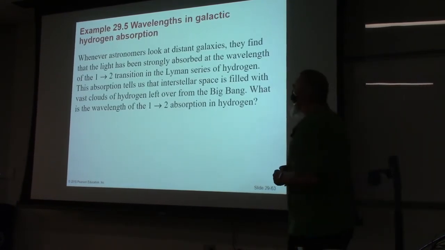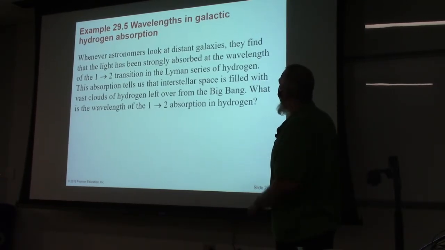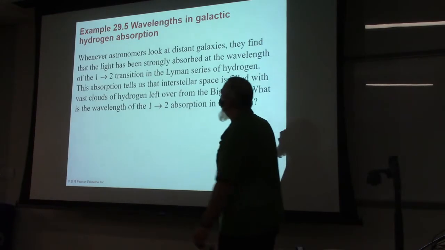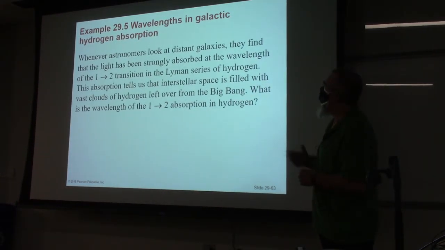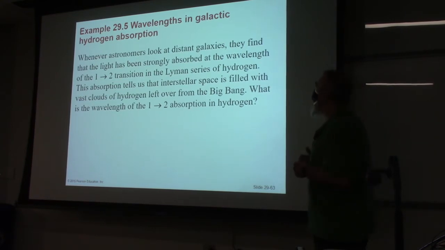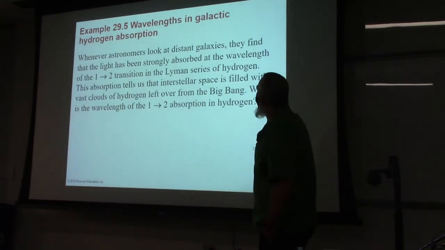So when astronomers look at distant galaxies, they find this light has been strongly absorbed at the wavelength of the 1 to 2 transition in the Lyman series of hydrogen. You can't see that on Earth. You've got to have some kind of space telescope to do this, because ultraviolet doesn't make its way down here to the surface.